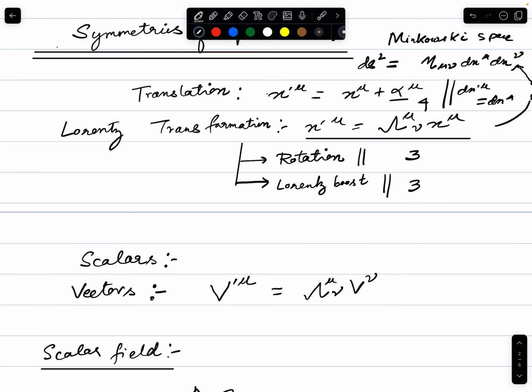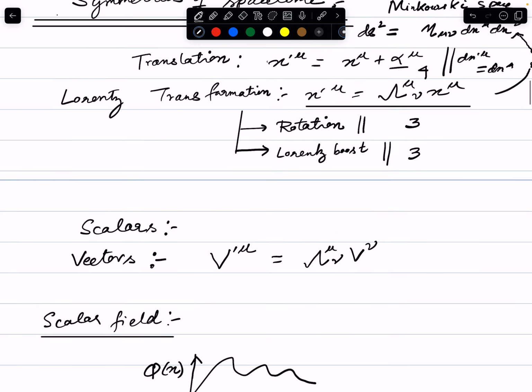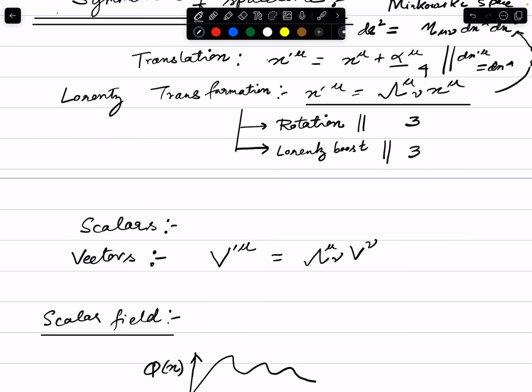Okay. And corresponding to these space-time symmetries or space-time transformations, we can classify various physical quantities into things like scalars, vectors and so on. So quantities which are independent of coordinates, i.e. physical quantities, have a specific transformation property when I make a coordinate transformation.